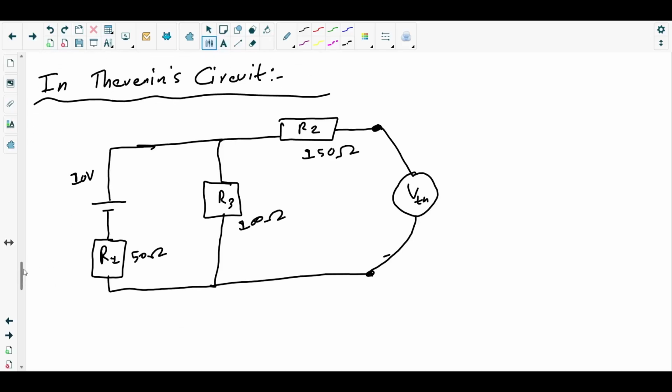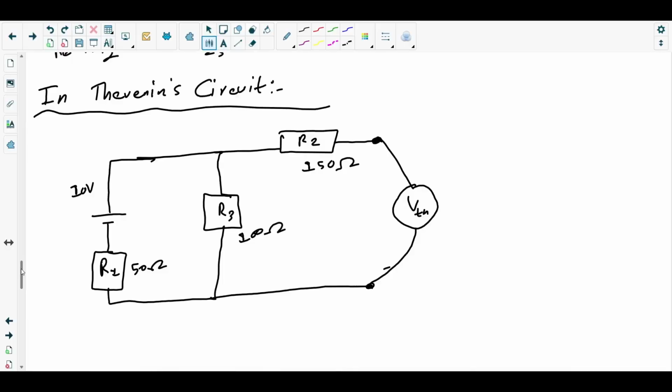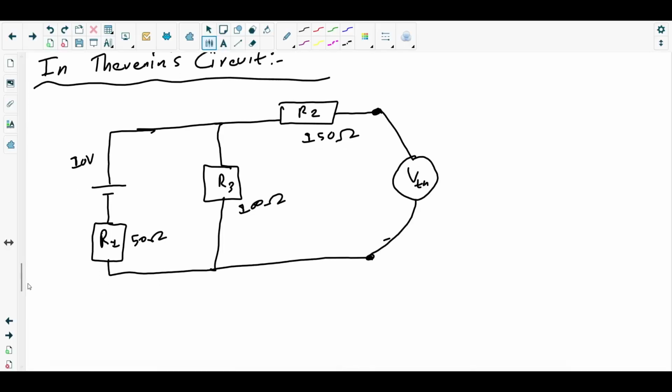For finding Thevenin's voltage, you have to apply the potential divider equation. Since the two terminals are open now, there will be no current flowing through R2.